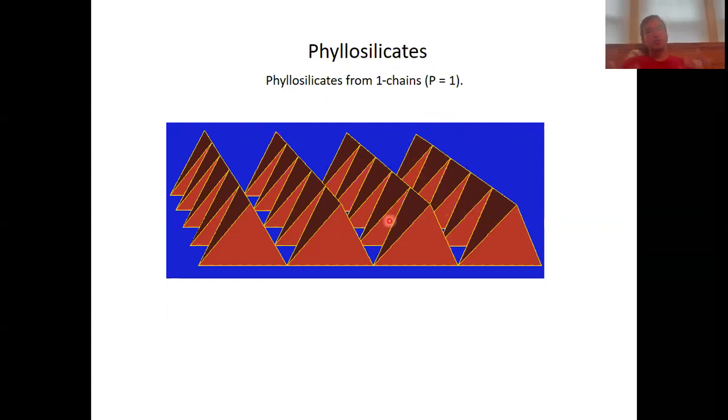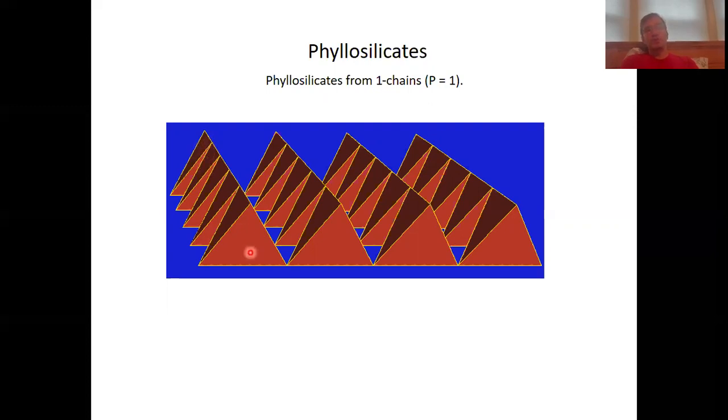whereby within that sheet we would now have exclusively corner sharing tetrahedra, and all oxygens would be connected to 2 silicons in both directions. In this direction you see that the corners are being shared, and that means that each oxygen is bound to 2 silicons, which are in the centers of 2 adjacent SiO4 tetrahedra.